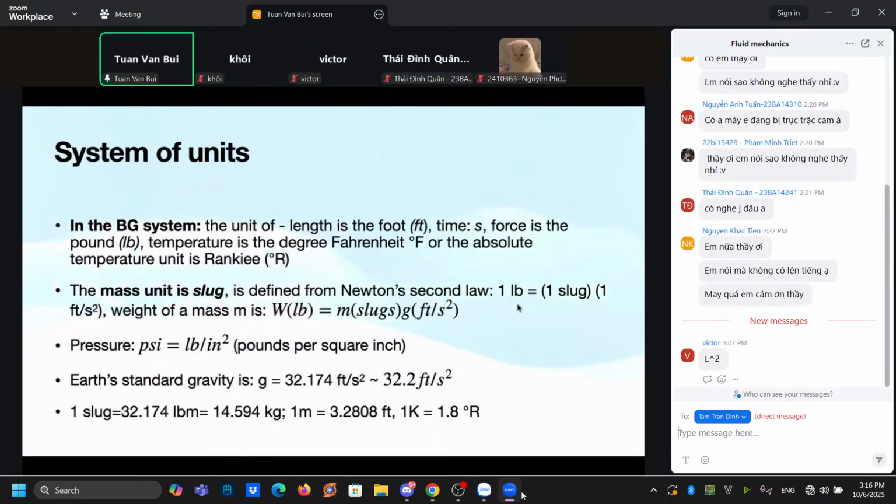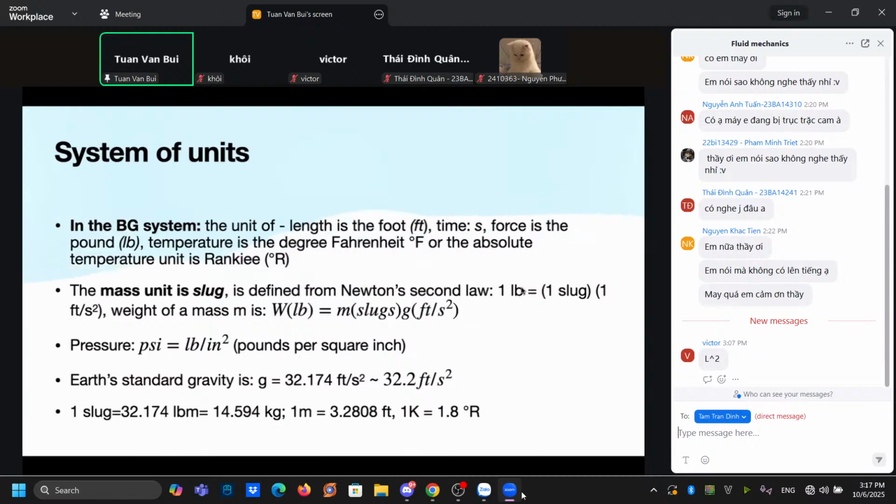So you have 1 pound force. Sometimes in textbooks they will explicitly write LBF, or simply write 1 pound. This is the force, so don't confuse it with the mass.